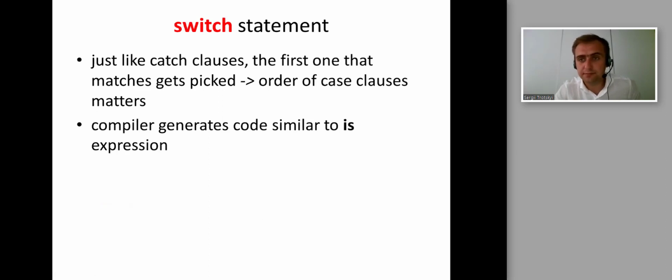Switch statement. This is another type of statement related to pattern matching. It is just like catch clauses. The first one that matches gets picked. So you understand that the order of case clauses matters.